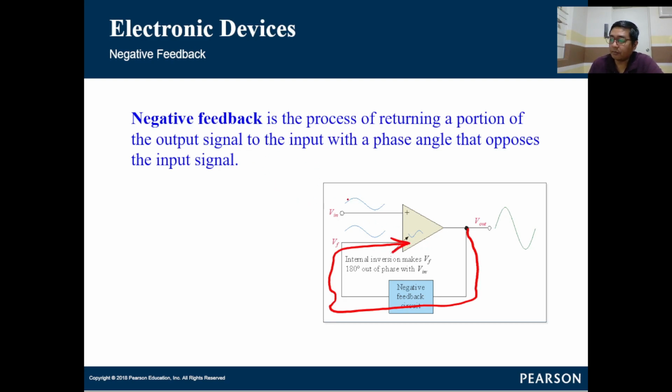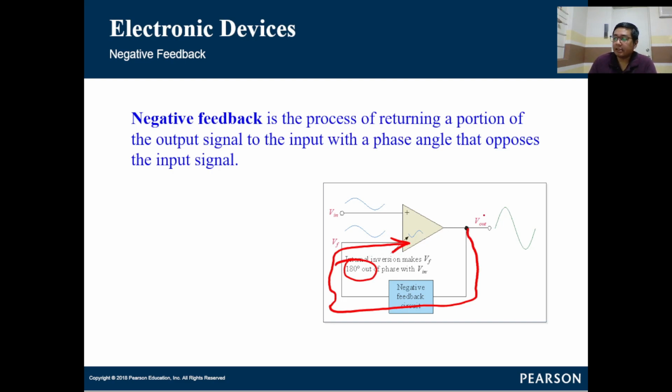So you have an input signal here, which is a sine wave, okay? And there's a corresponding amplified output, and that output is being fed to your inverting input. So an internal inversion takes place dun sa ating op-amp, no? 180 degrees out of phase with V in.